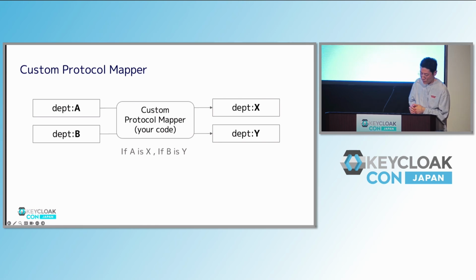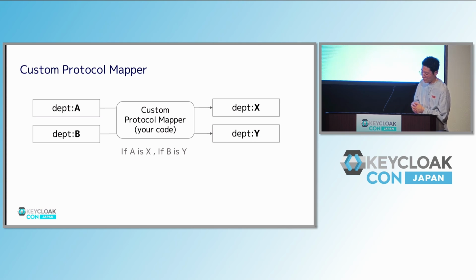For example, suppose you want to map a user department attribute from A to X in a token output. This kind of conditional transformation cannot be done with the built-in options. To achieve this, you can implement a custom protocol mapper in Java or JavaScript by extending, for Java, the abstract OIDC mapper class provided by Keycloak.